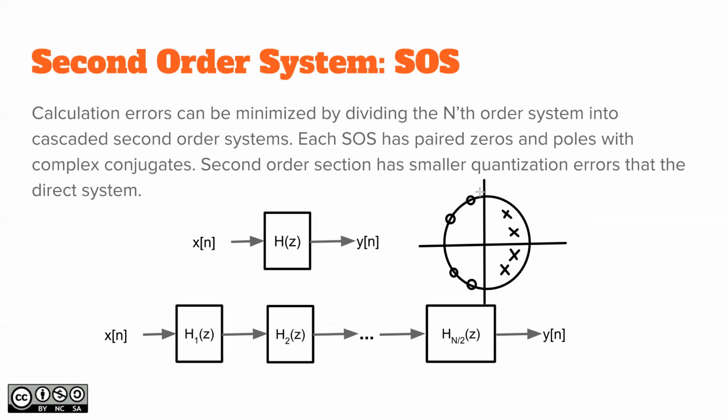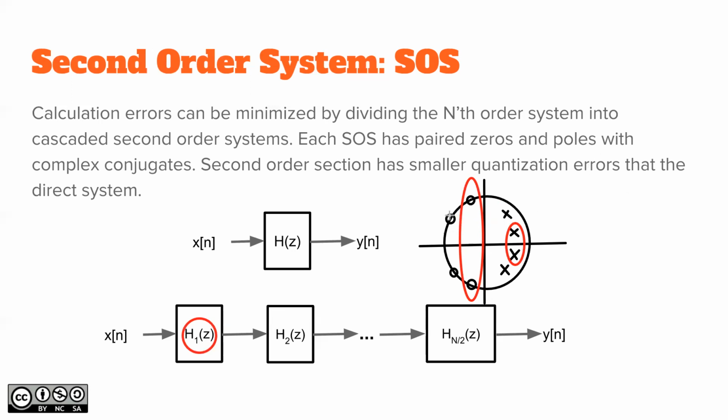And I can actually take, for example, those two zeros and those two poles, and combine those as the first system.